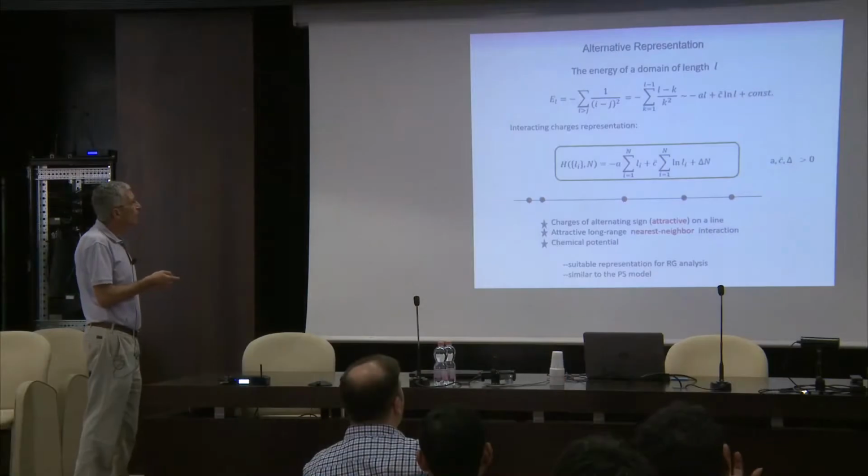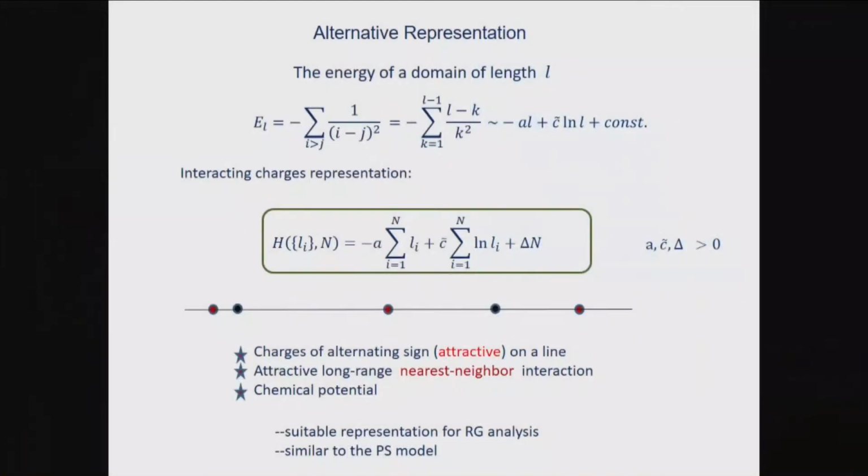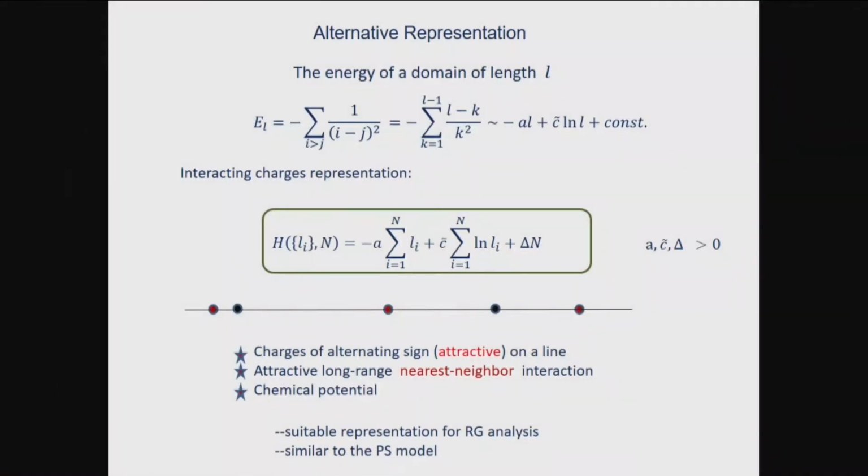Okay. Now, to look at the model, it's interesting to look at some alternative representation of it. If you write down the energy of a single domain, suppose you have a domain of length L, and you sum up all the interactions within that domain, you see that the energy of a domain of length L goes like there is a linear part in L, but there is also a logarithmic part.